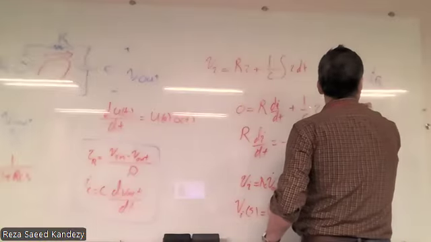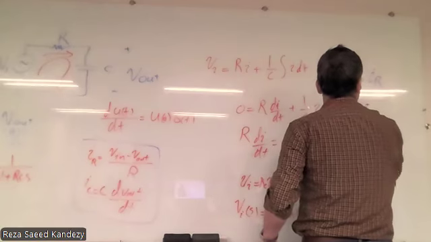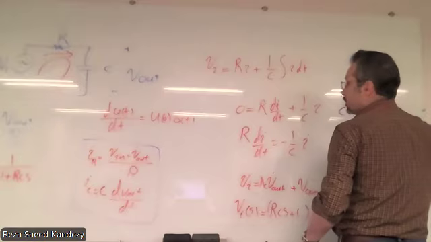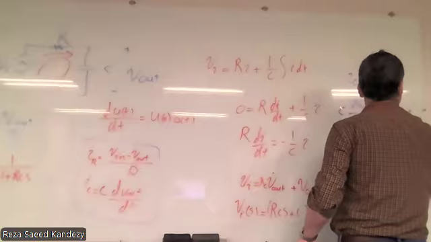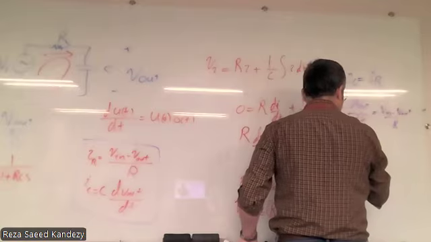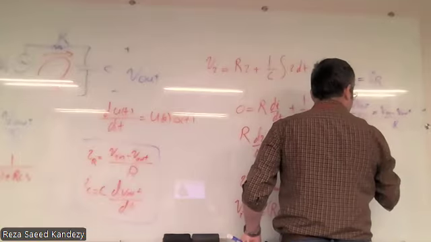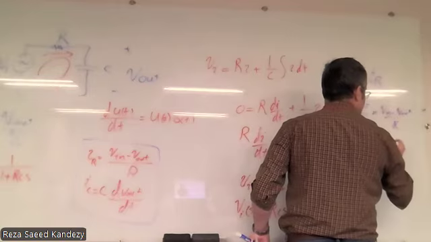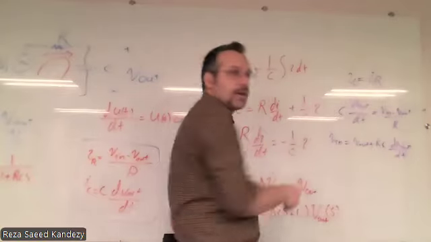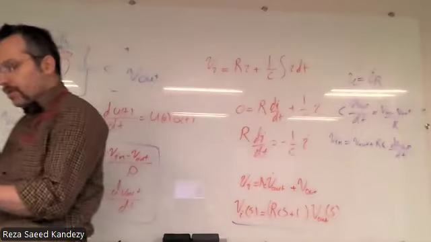The IC is C dV out over dt, equal to V input minus V output over R. That means we have V input equal to V output plus RC times the differential of V output over dt, which if you run a Laplace transform again, you are going to see the same equation that we found.